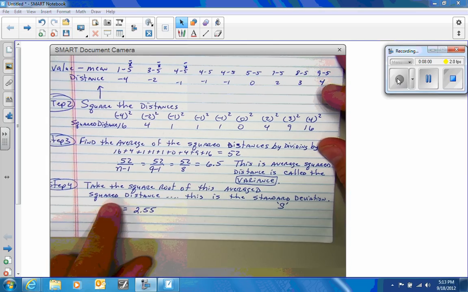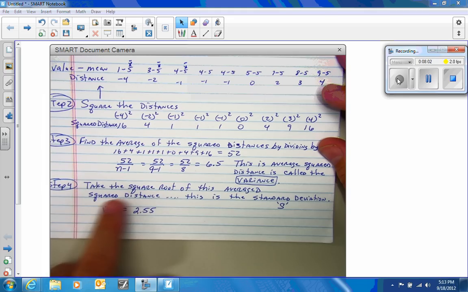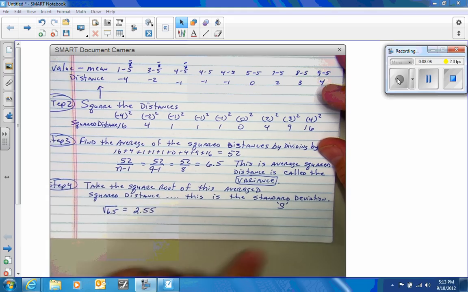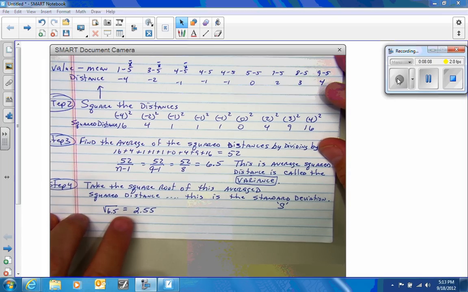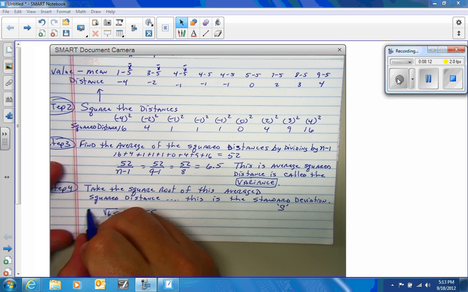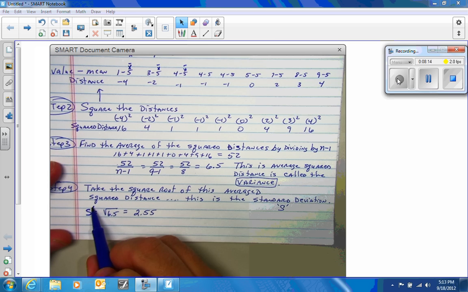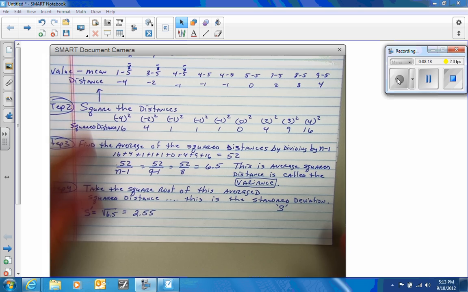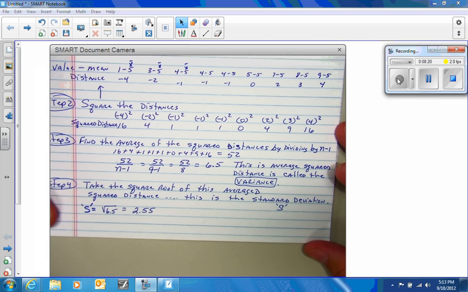This is the square root of the average squared distance, and it is called the standard deviation. When we take the square root of 6.5, our standard deviation is 2.55. Now this is what you're going to have to do on your work tomorrow in class.